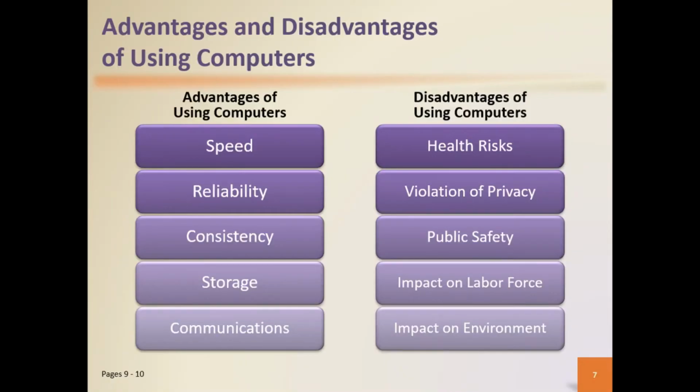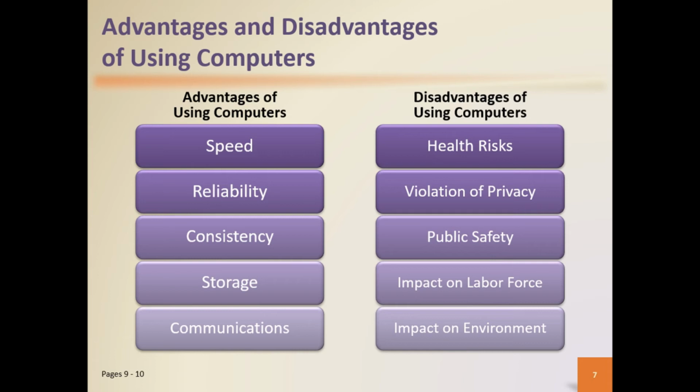Here are the advantages and disadvantages of using computers. First of all, the advantages are the speed, reliability, consistency, yung storage capacity ng computer, and of course, the communication. Without the computers, but I would like to correct this one, it's all about computers and of course, the internet. Without the internet, we don't have much of that communication.